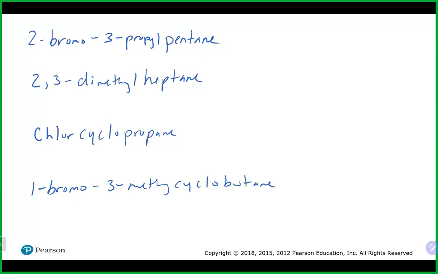All right, so take a moment and draw. You can do condensed if you like, structures for each of these. So again, work your way backwards on these.